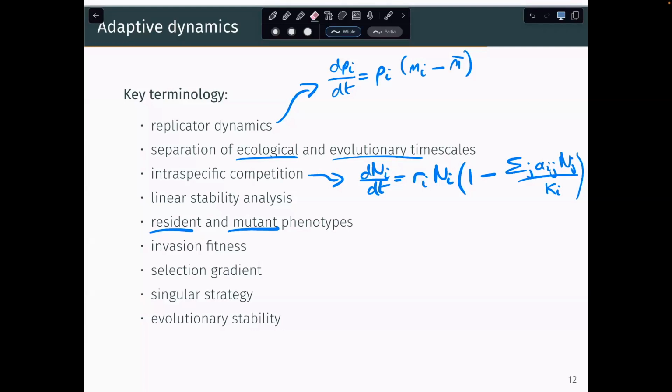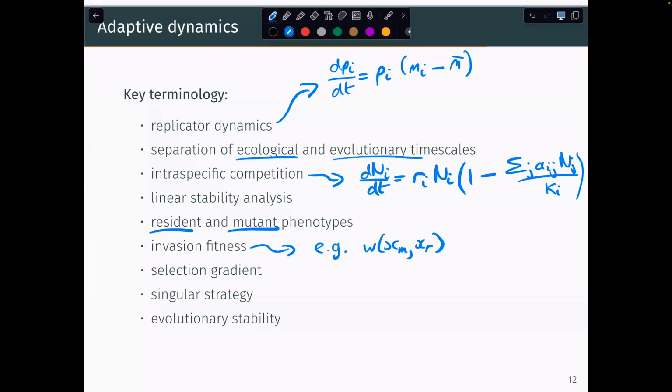Let's see, what else have we got? Invasion fitness. We refer to invasion fitness as W as a function of x_M, x_R, where x is our phenotype and the subscript refers to the mutant or the resident.